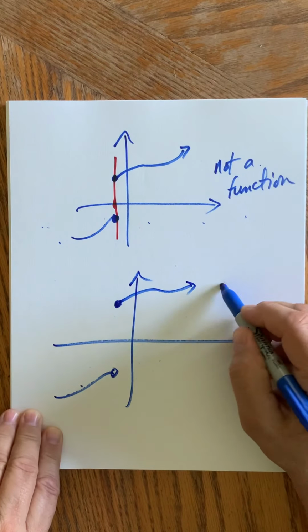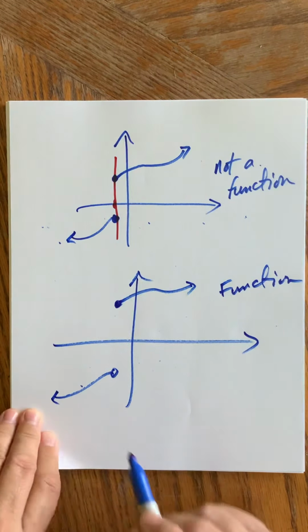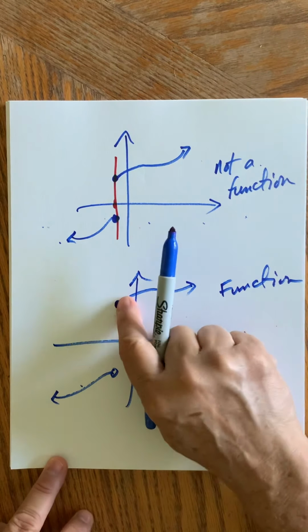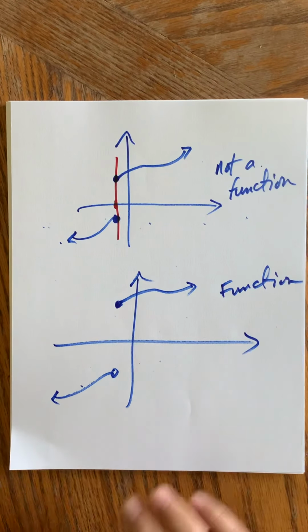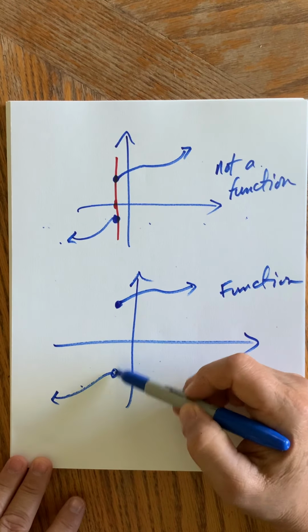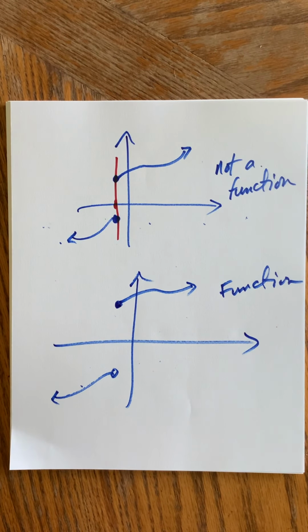That would be a function. Either this one could be closed and this one open, or this one could be open and this one closed. That doesn't matter, but for this input, you can't land here because it's open. Instead, you're mapped here. So there's only one output, and so it's predictable. All right? Thank you so much for listening.